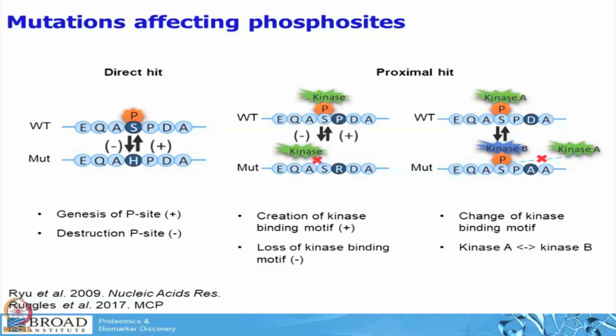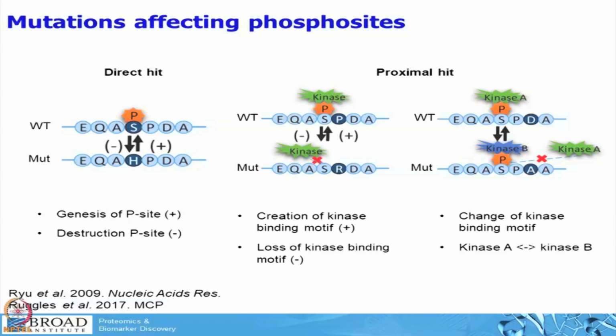In the wild type you have a serine which is phosphorylated, and due to a mutation this serine gets mutated into a histidine, so it cannot be phosphorylated anymore. Of course this can also happen the other way around: the histidine can be mutated into a serine, which now presents a new phosphorylation site that can be recognized by a kinase. So it can lead to the genesis of a phosphorylation site or to the destruction of a phosphorylation site.